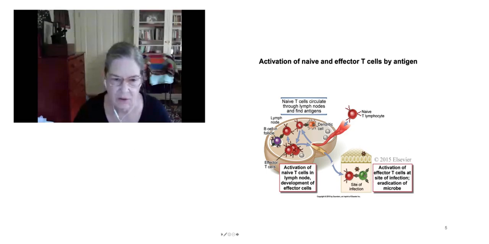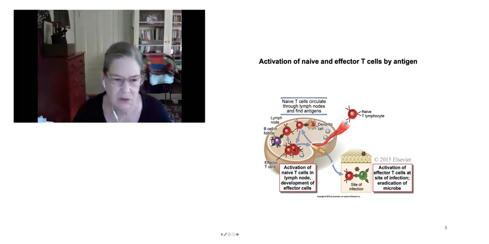They can also, if they're a CD4 T follicular helper cell, travel toward the B cell follicle following chemokines made by what are called follicular dendritic cells, and they'll just kind of wait.